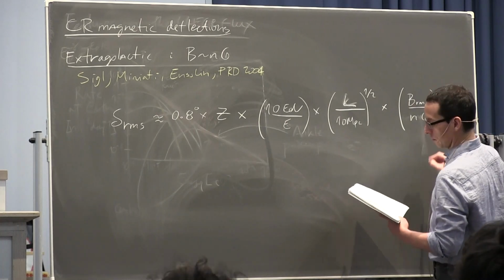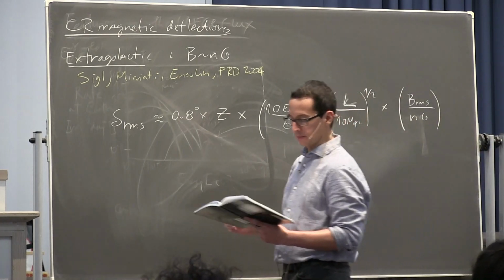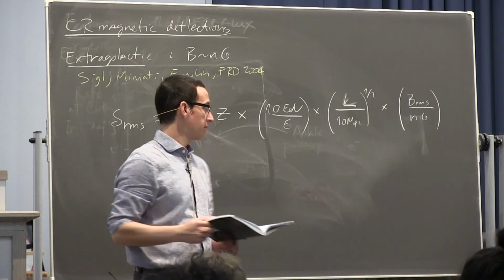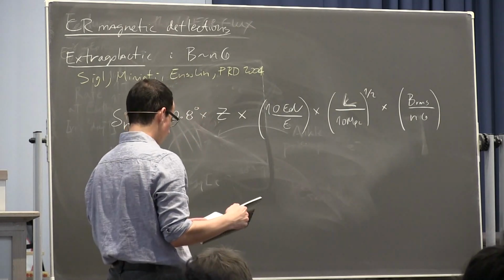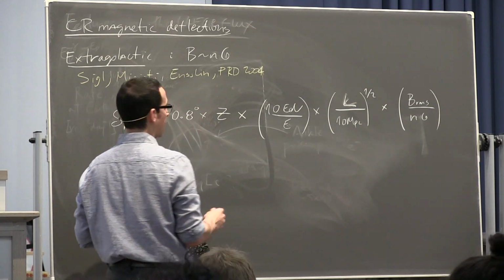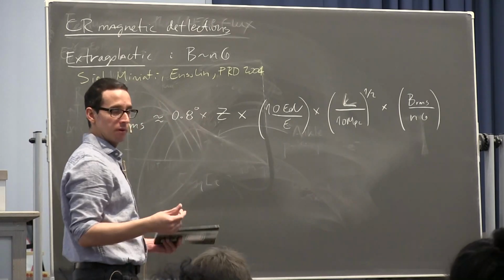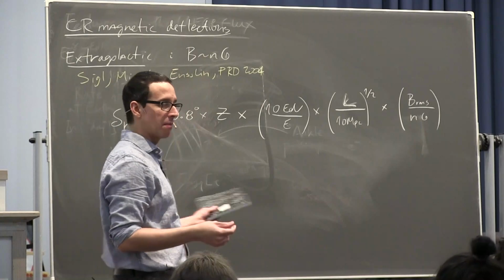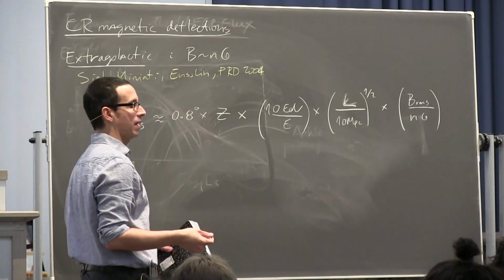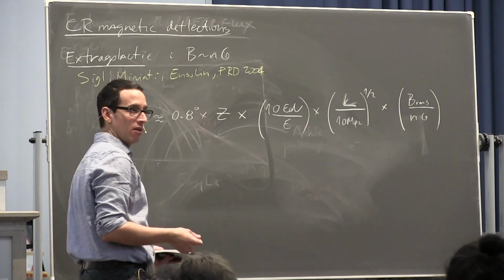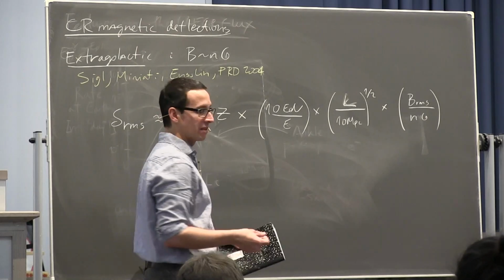Okay, and you can more or less easily understand what's going on here. So this is deceptively small. You can say, okay, if a cosmic ray is propagating over 10 megaparsecs, you're going to get 0.8 degrees of deflection, which doesn't sound like a lot. There are two arguments against that.